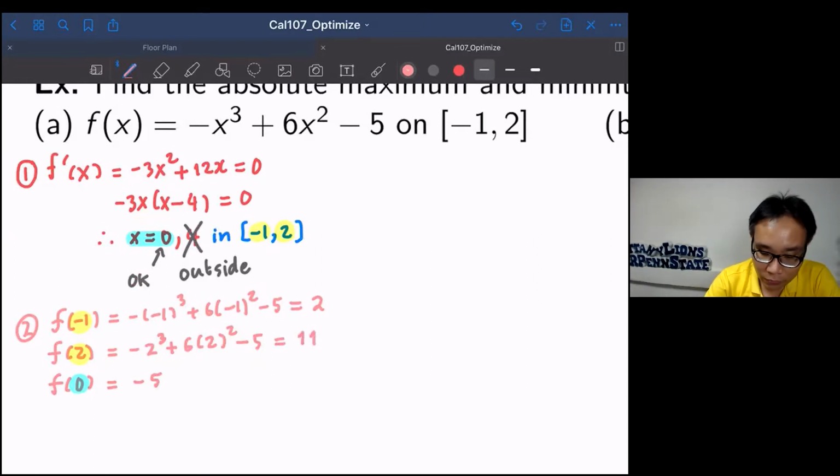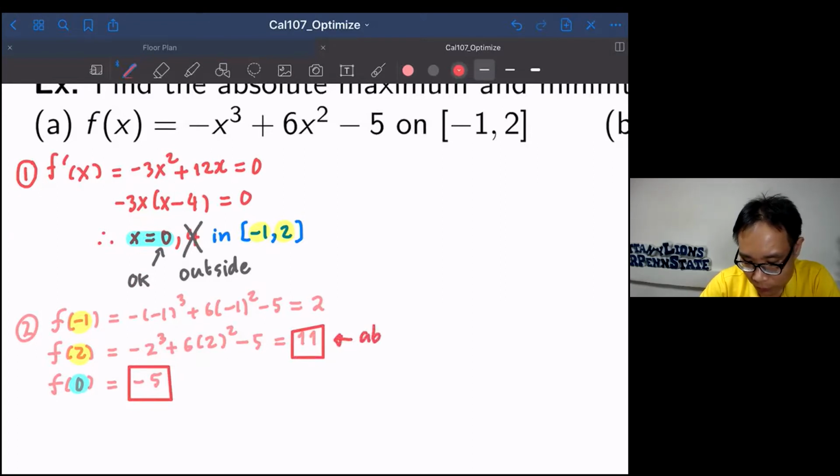So in this case, you see that this guy will give you the maximum and this one the minimum, respectively. This guy will be the absolute max value, and this guy will be the absolute min value.